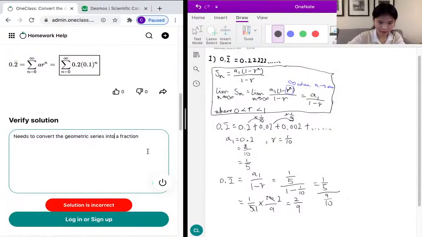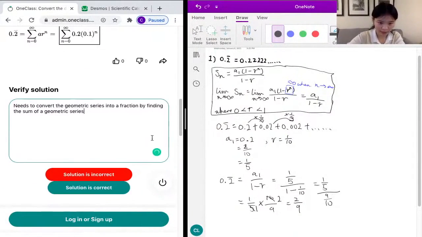And let's give them a hint: try to find R by finding the sum of a geometric series. Okay, and the solution is, I guess, correct, but it's not complete, so let's just say it's incorrect.